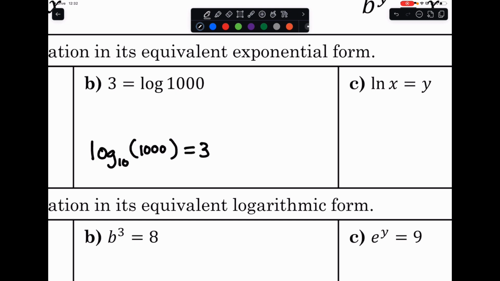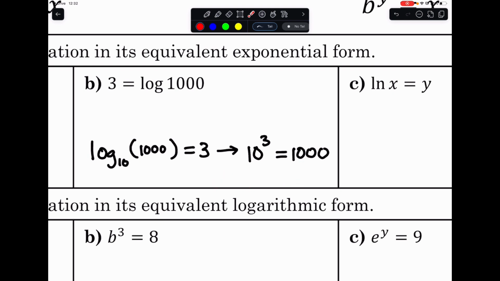Well, what's going to be the equivalent exponential form? If I get the base of 10, raise it to the third power, that's going to end up equaling 1,000. And mathematically, look how that makes perfect sense. If I check again, 10 to the third power means multiplying 10 times 10 times 10. Yes, it does in fact equal 1,000.